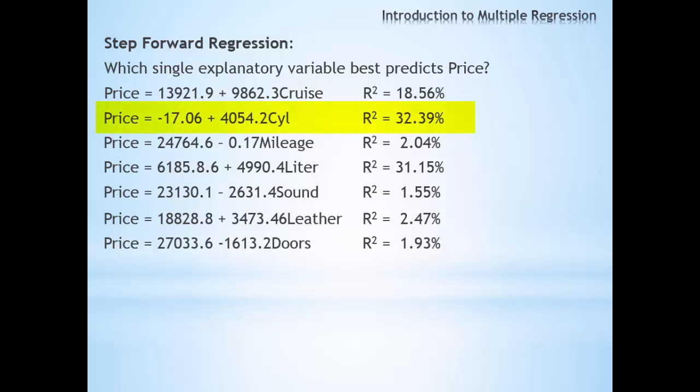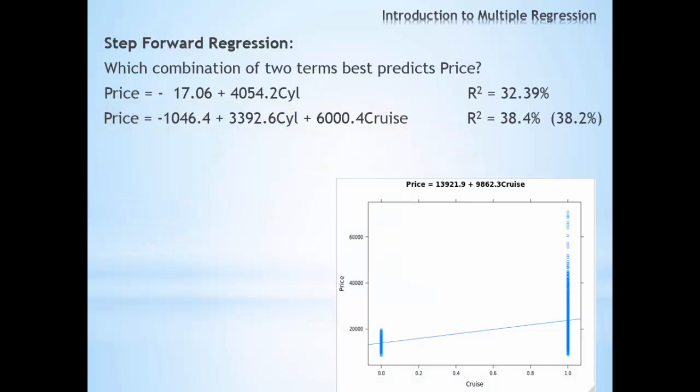And here, that model is the one using cylinder as the explanatory variable with an r-squared of 32.39. Even though the model including cylinder has the best r-squared, it's important to note the model that uses liter is a very close second.